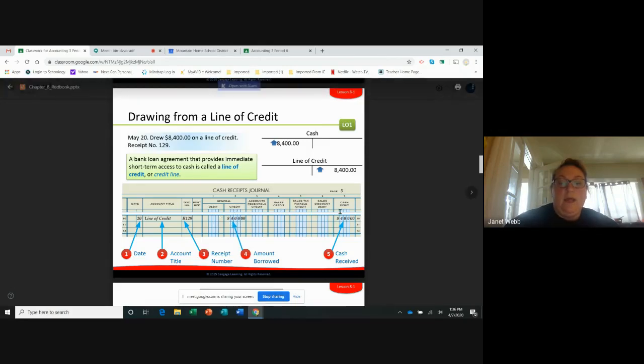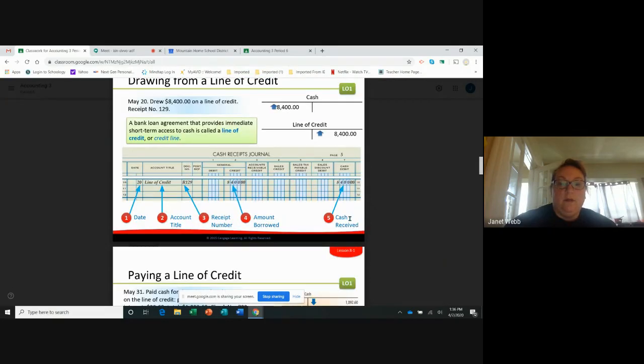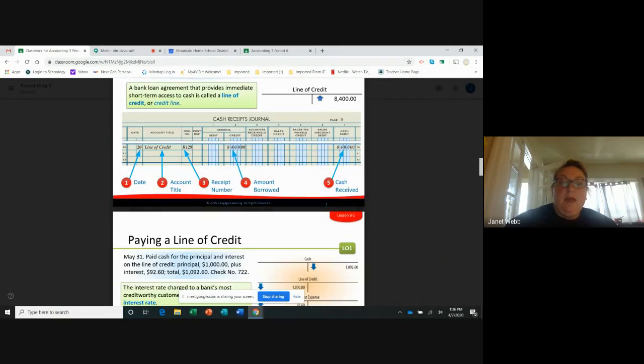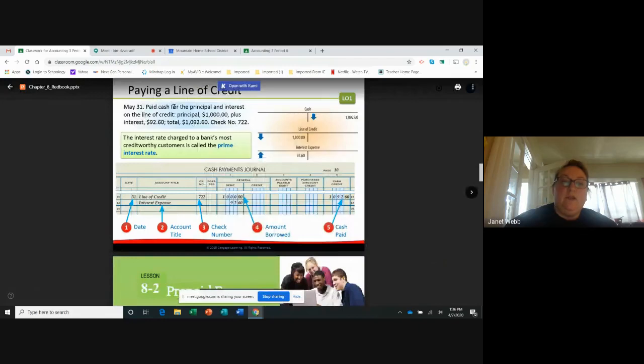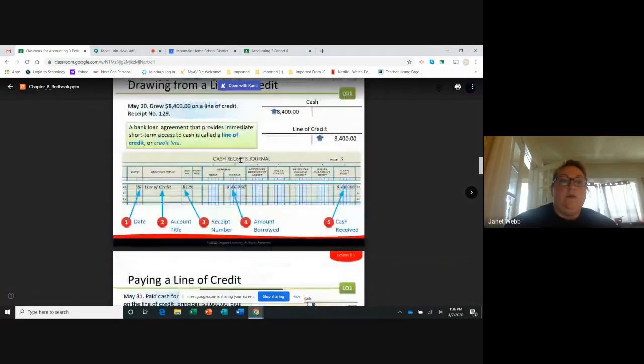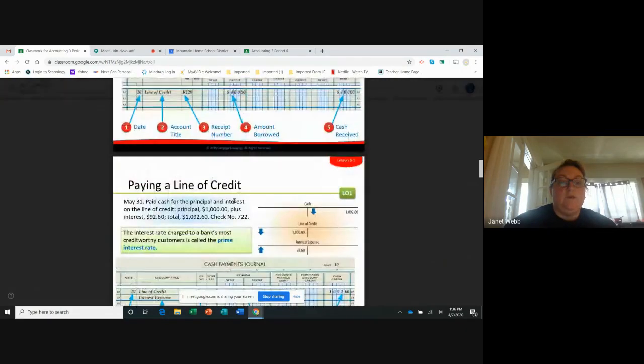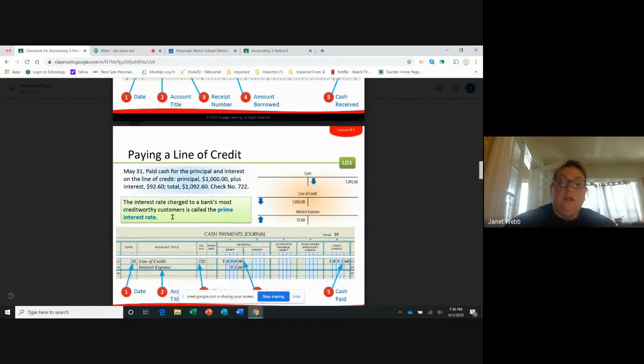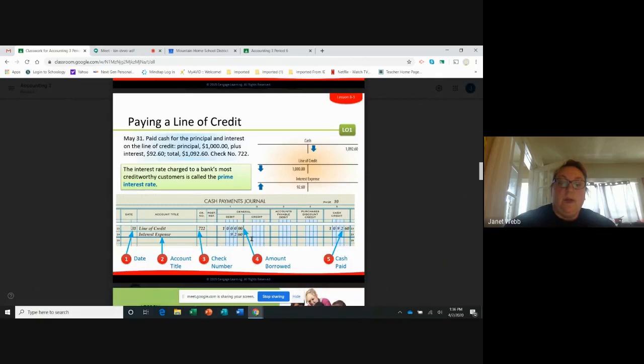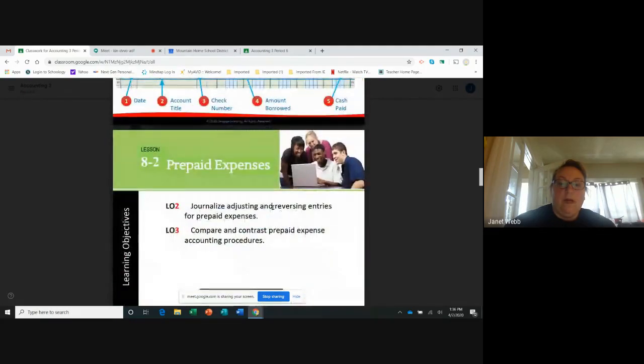So it's a credit, and then that money goes into our cash account. When you pay that line of credit, there's always interest attached to it, so you have to figure out the interest. Up here, remember, it was a line of credit, and then down here, paid cash for the principal. Notice they already give us the interest, so it is considered interest expense. All right.